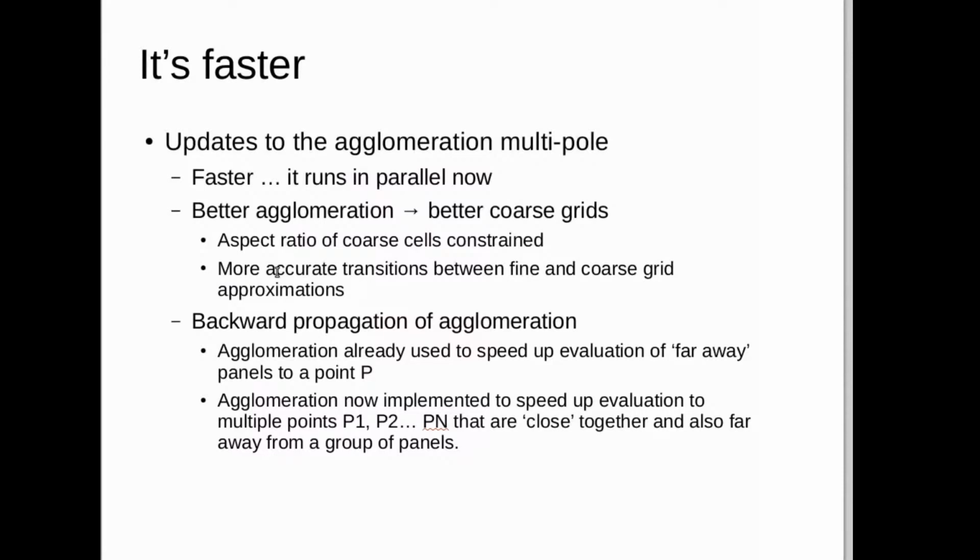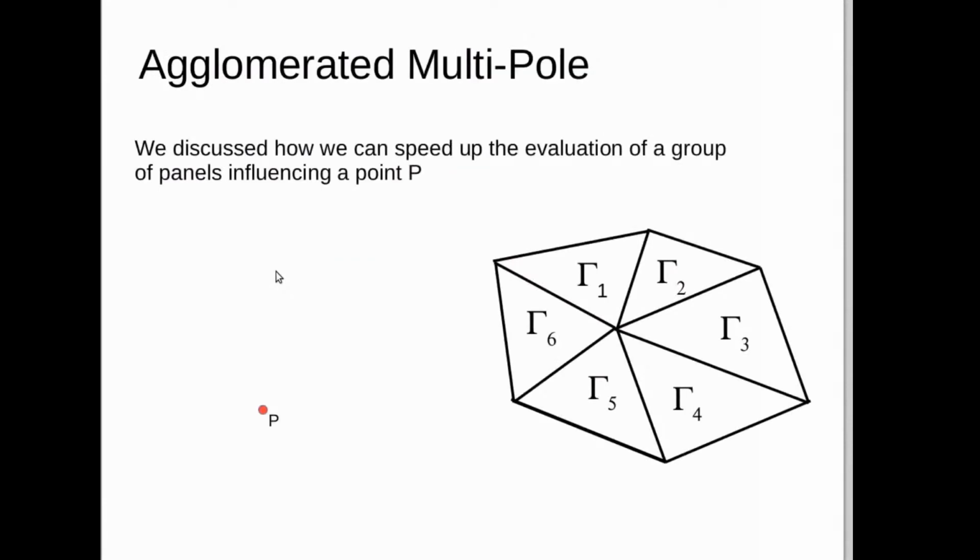So now the agglomeration has been implemented to speed up that evaluation in the other direction. So now if you have a bunch of points, P1 through P sub n, and if those points are all close together and they're also all far away from a group of panels, you can now basically speed that process up twofold. So back to, we discussed that we had a point P and a group of vortex loops.